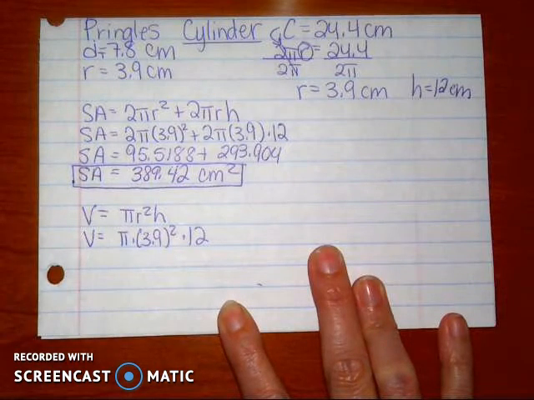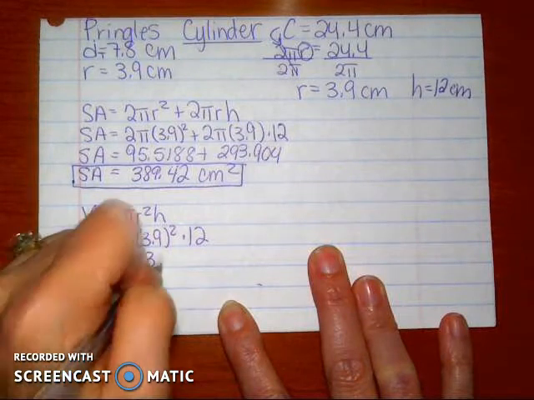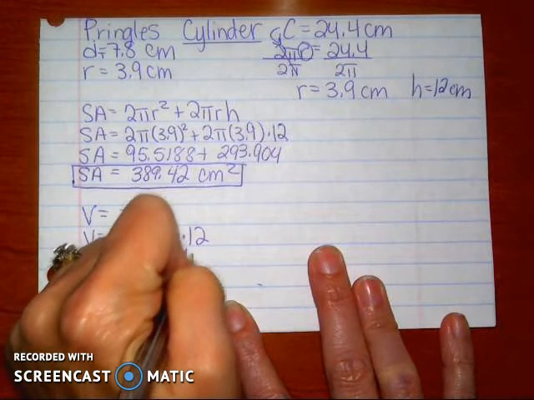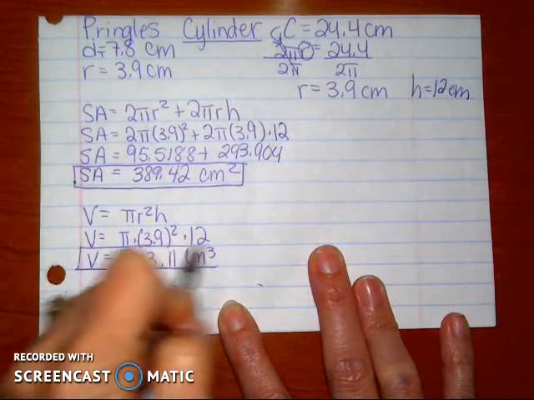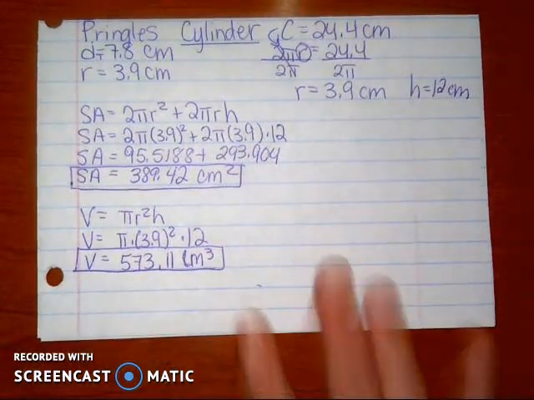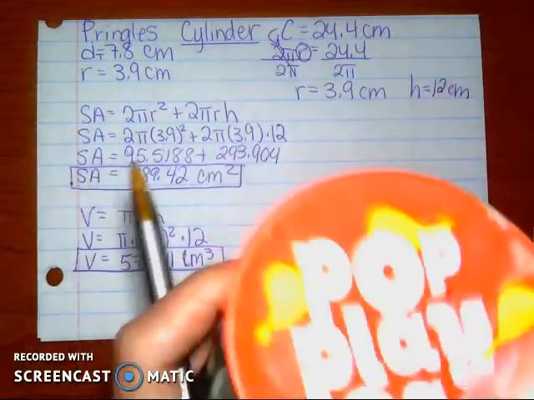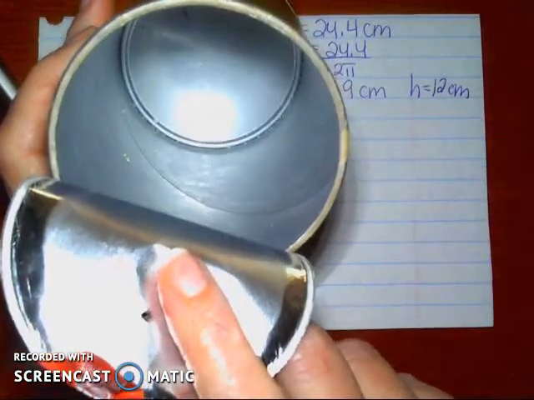I'm going to use 3.14 for pi times 3.9 squared times 12, and I get 573.11, and it's going to be centimeters cubed since I measured in centimeters. And that's how much we can fit into a can. So if I pop my top, we look inside, that's how much volume can be held.